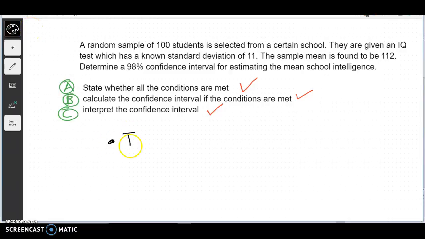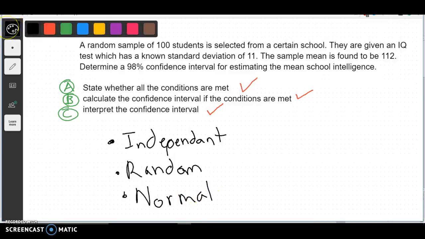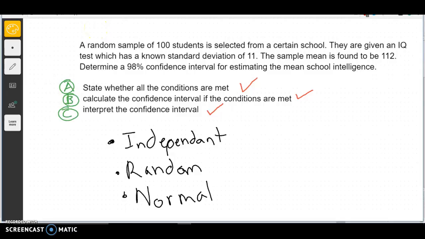So the first one we need is independence. We need to make sure it's random. And we need to make sure it's going to be normal. So I check independence by the 10% rule, that we don't take a sample that's bigger than 10% of the population. So they have 100 students selected from a certain school.